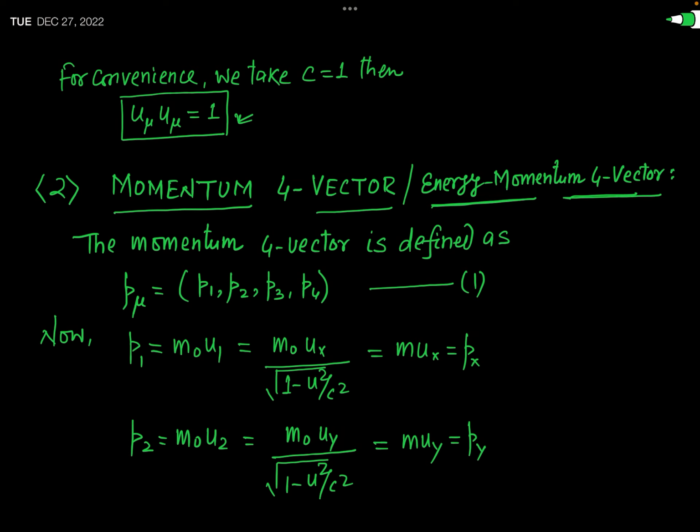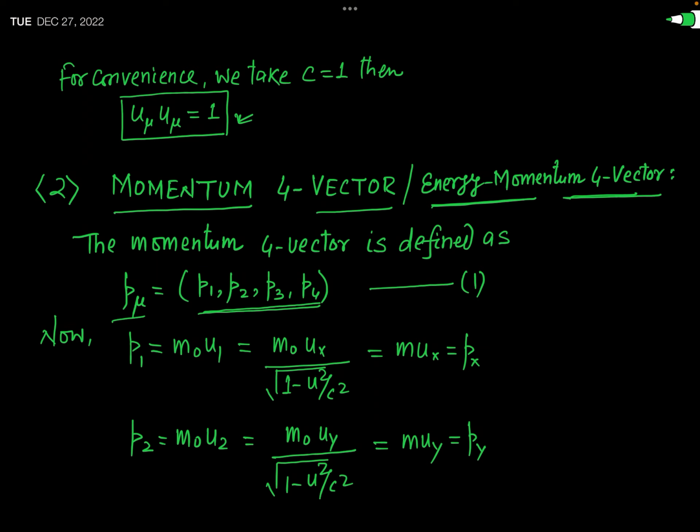If you denote the momentum four vector by the symbol p mu, and you assume that p1, p2, p3 and p4 are the four components of this momentum four vector, then we will simply write p mu equal to p1, p2, p3, p4. Again, our aim is the same.